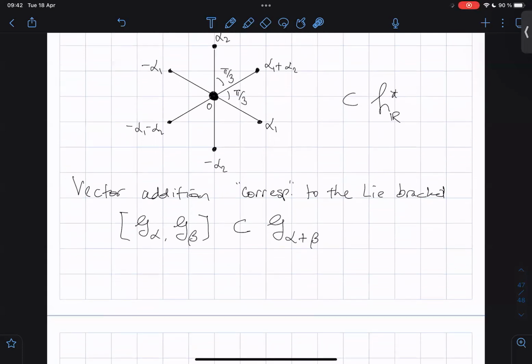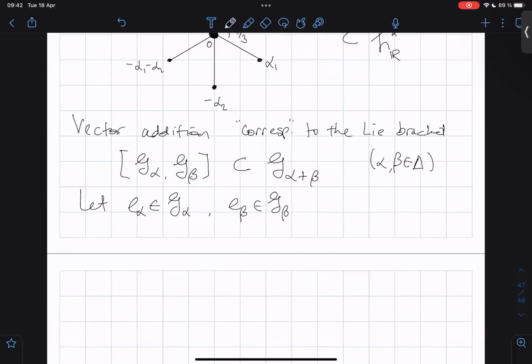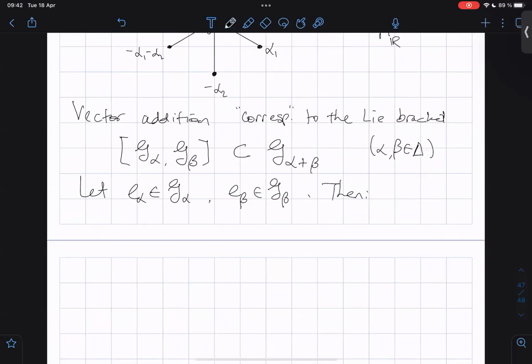Okay, so first of all, let's show this. Where does this come from? It's just an application of Jacobi. So let E alpha be over here. We're going to assume that alpha and beta, say, are roots. So E alpha is in there, and E beta. These are my nice eigenvectors or root vectors. Then we want to know, where does E alpha paired with E beta land?